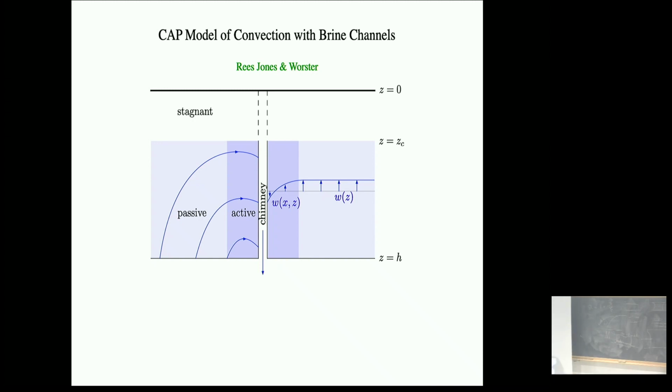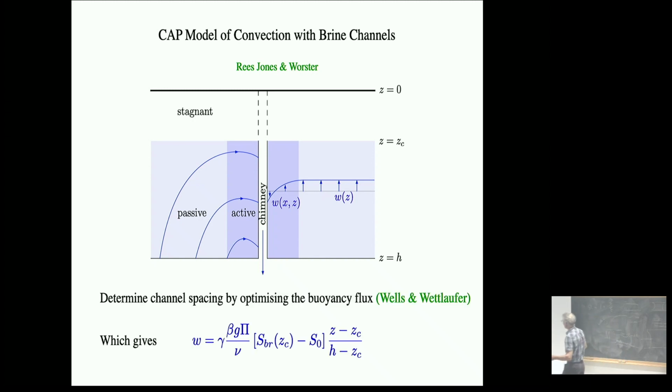Okay? But now we can essentially solve this region analytically using boundary layer theory, and then most of the flow is just a classical corner flow, which again you can calculate analytically. And what's important about it is that the vertical component of the velocity of this corner flow is uniform.